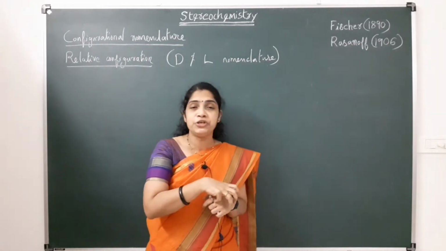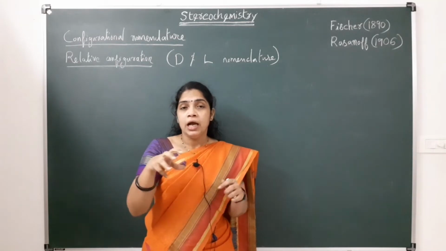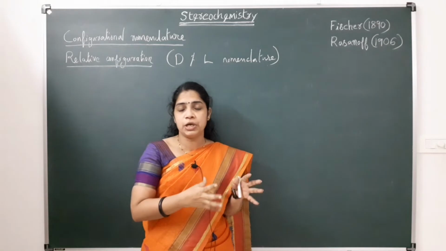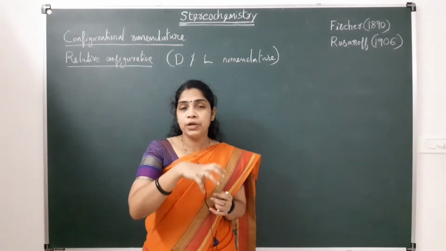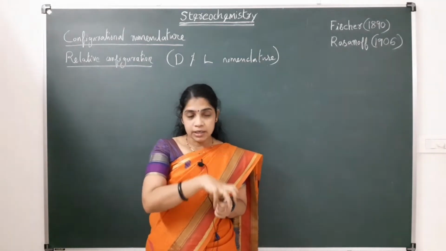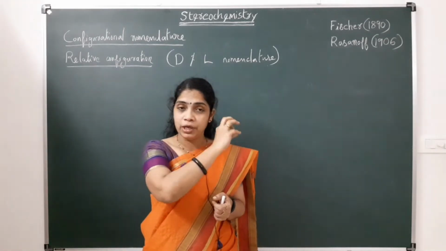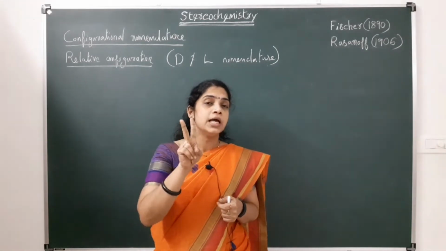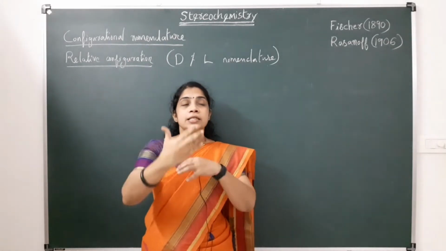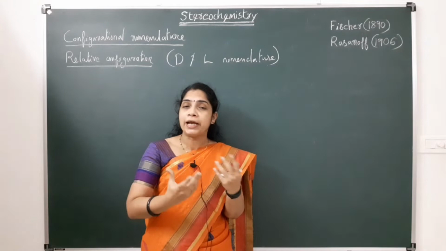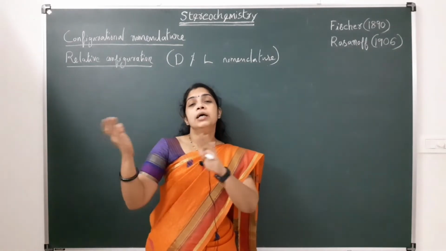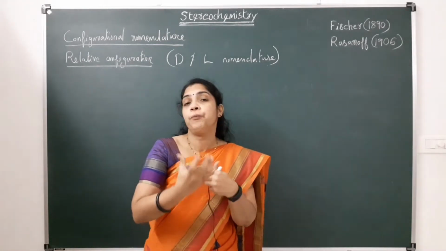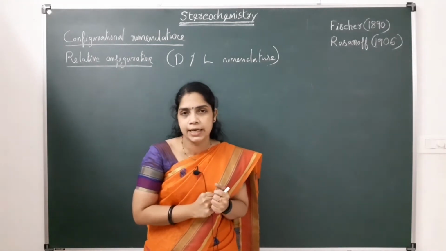Similarly, Emil Fischer also contributed to our knowledge of stereochemistry, the Fischer projection, etc., but he got the Nobel Prize in 1902, the second Nobel Prize, for his contribution in the synthesis of glucose, fructose, etc. from glycerol, and also for his contribution in the synthesis of purines.